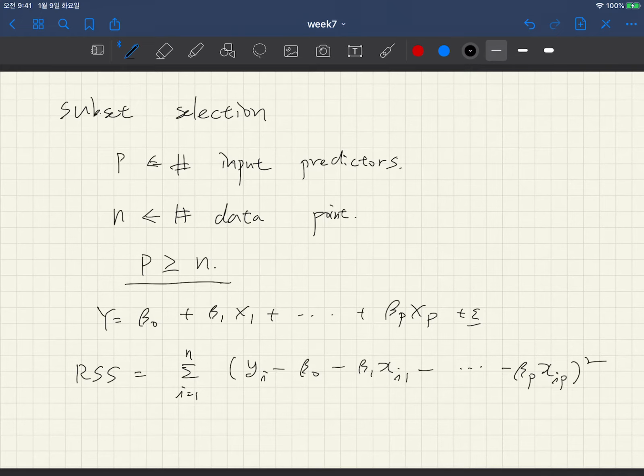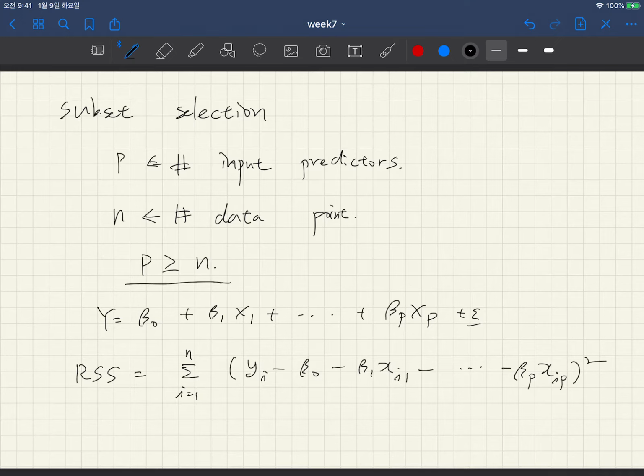So why can the full input predictors have some issues? Usually when p is greater than n, we can fit every data point without any error.